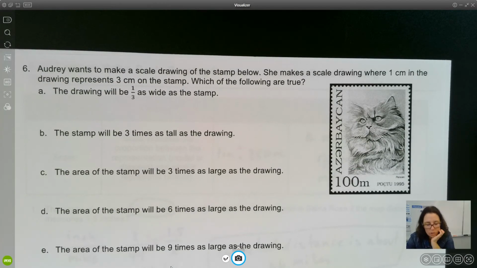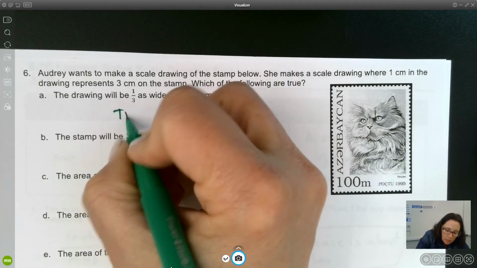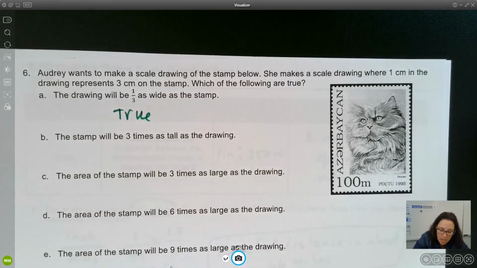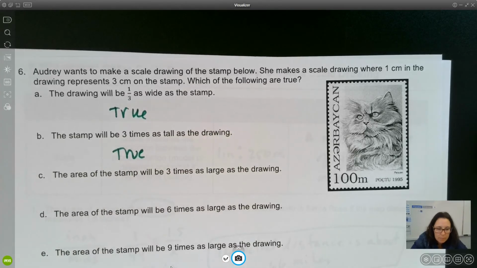Which of the following are true? The drawing will be 1/3 as wide as the stamp. Okay, that's true. The stamp will be 3 times as tall as the drawing. That's true.